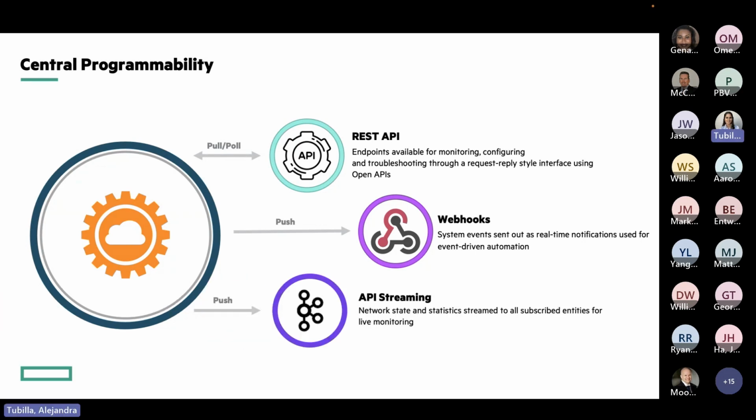And we have a third way of programmability within Aruba Central, which is called streaming APIs. The difference between streaming APIs, webhooks, and REST APIs is that, first of all, REST APIs are more of a request-response way. You have to ask Central for information for Central to send it back to you, so you need to have that active engagement with the platform. With webhooks, you just use different tools to get that information from Central.